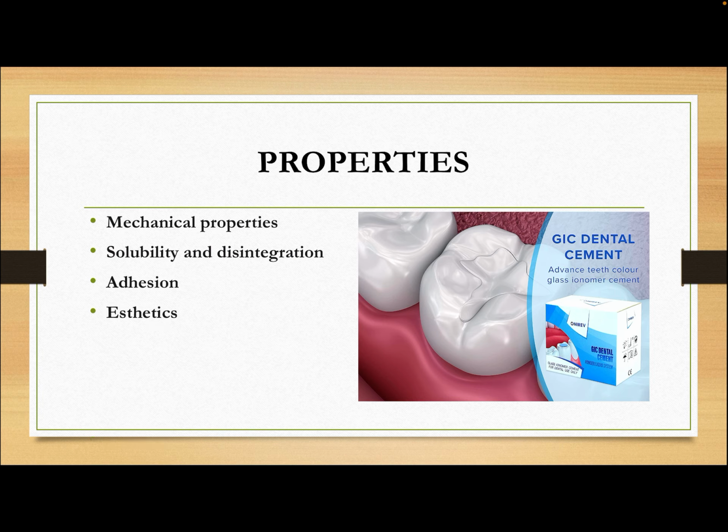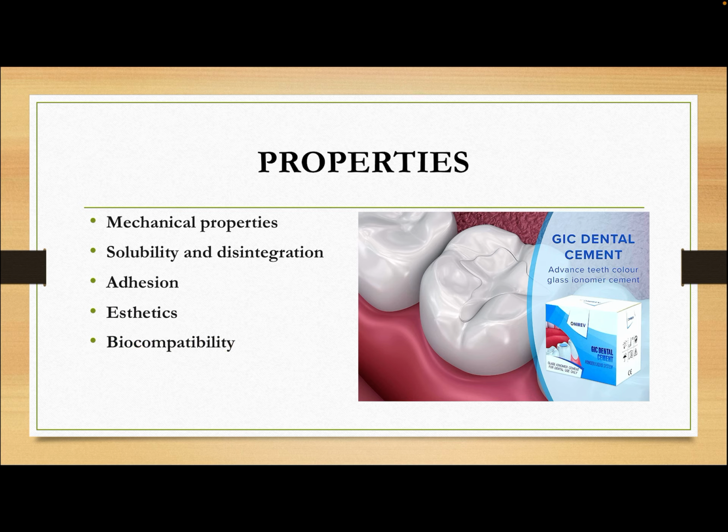Aesthetically, it is inferior to that of silicates and composites, as it lacks translucency and has a rough surface, so it may stain with time, but aesthetics are sufficient for restoring cervical lesions with minor defects in non-aesthetic zones.